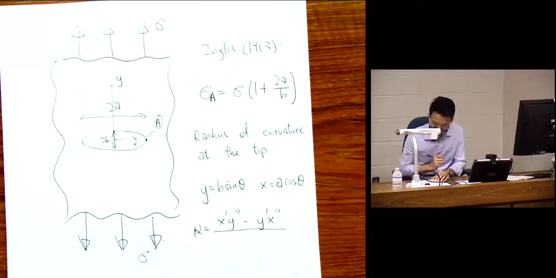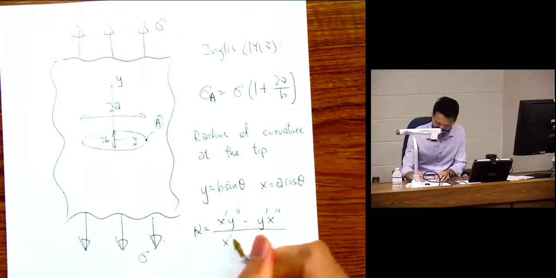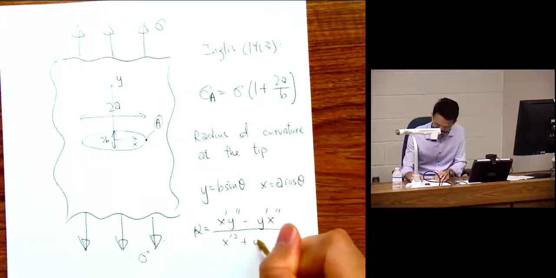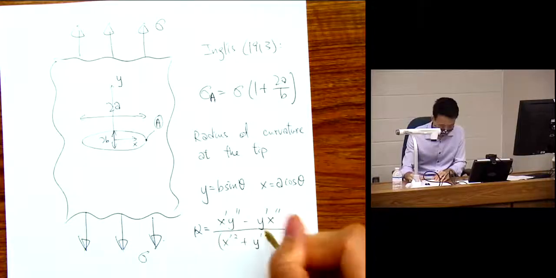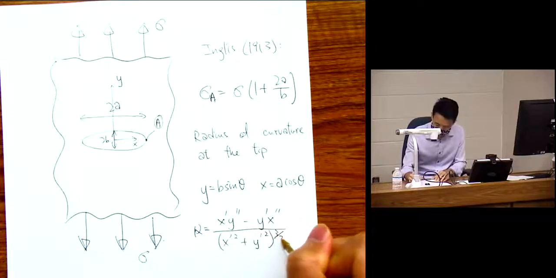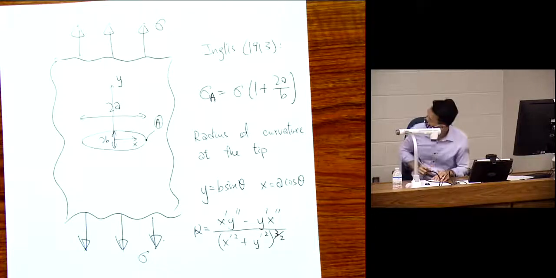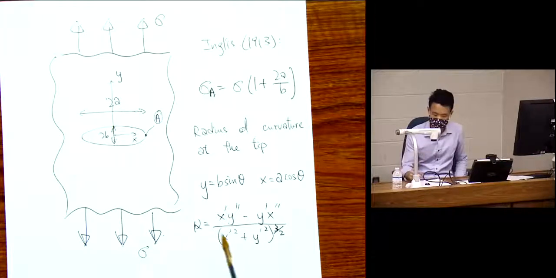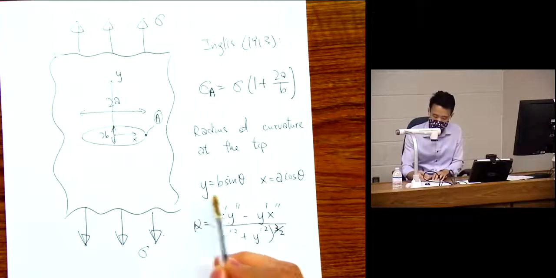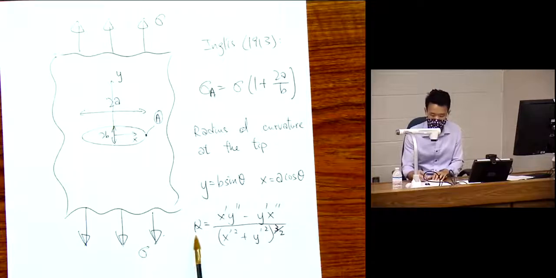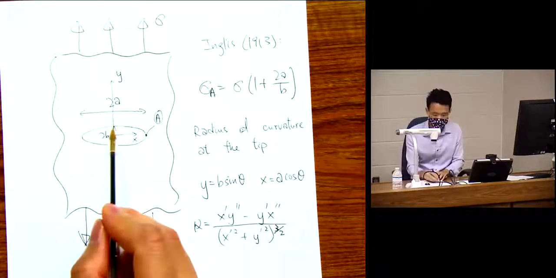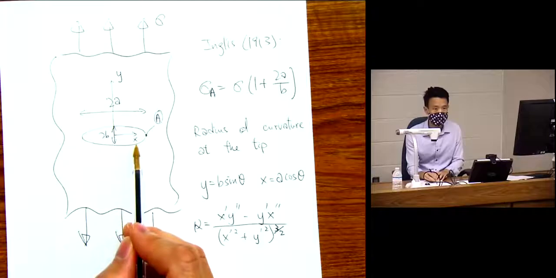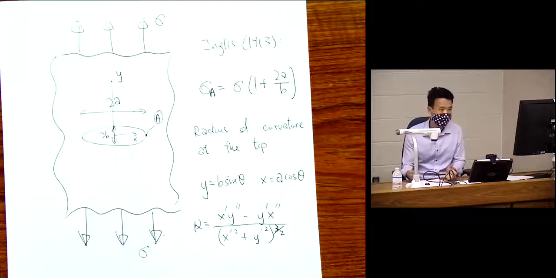So this is just from calculus, right? One prime is the first derivative. Double prime is the second derivative, right? So this is the parameterized equation of an ellipse, and the curvature obviously changes as you go around the ellipse, and it's expressed by this, right, analytically, right?